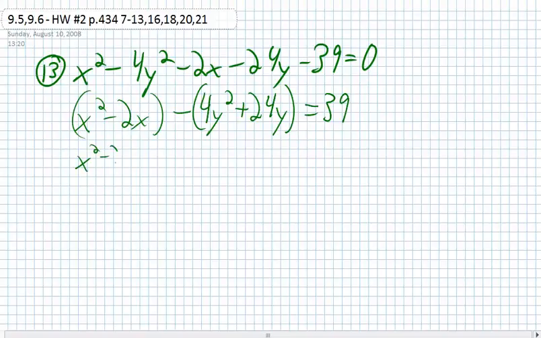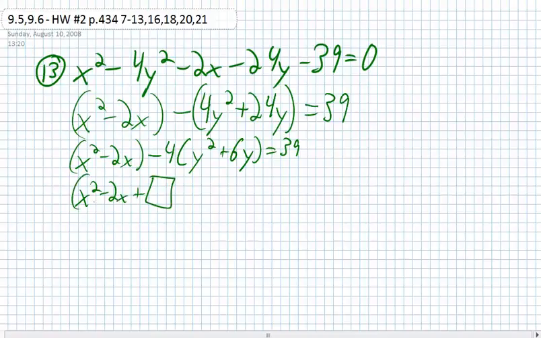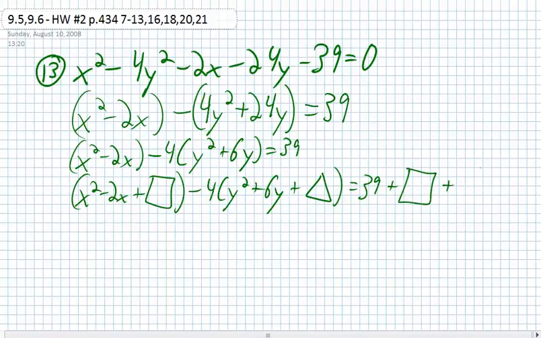Okay, one little step before our box and triangle steps. I'm going to factor out the 4 because we do not want a coefficient in front of the y squared when we complete the square. x squared minus 2x plus a box, minus 4 times y squared plus 6y plus a triangle, equals 39 plus a box plus a triangle, and we're going to put this little 4 in that corner of the triangle because it's technically a 4 times whatever goes in there.